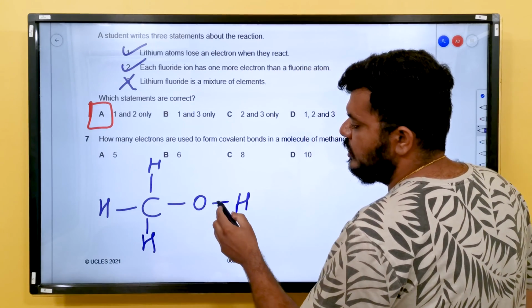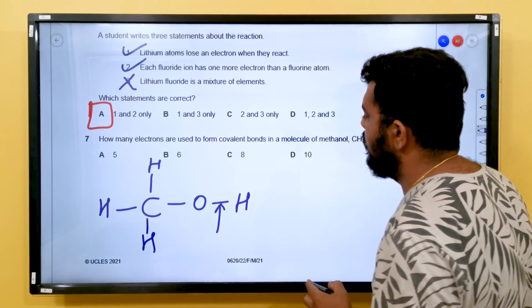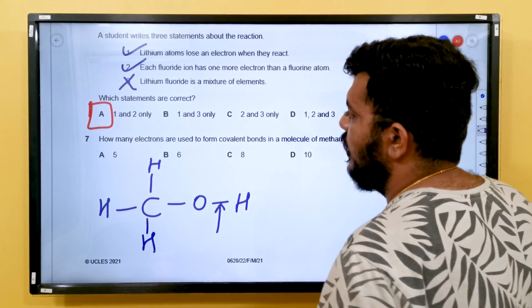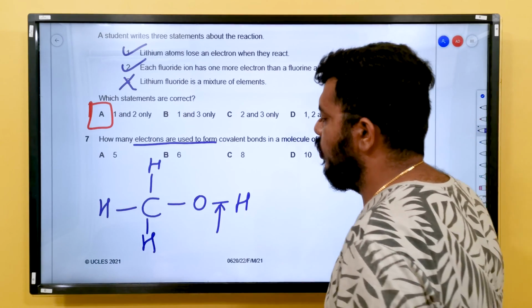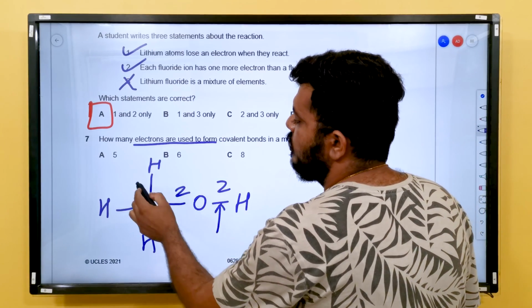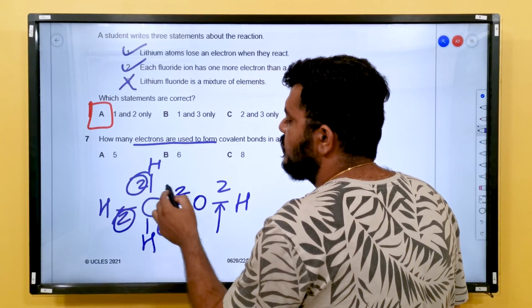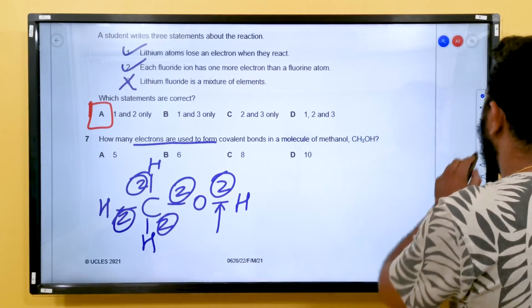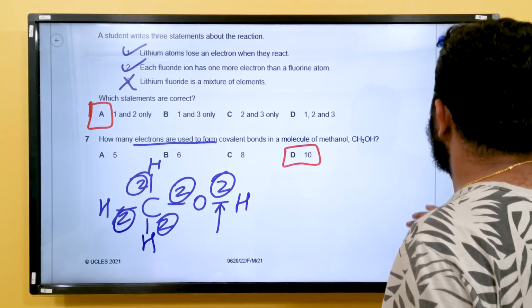Here one bond means two electrons being shared, right? And they are asking how many electrons are used to form covalent bonds. So 2 here, 2 here, 2 here, 2 here and 2 here. So 2, 4, 6, 8 and 10. And your correct answer to this question is option D.